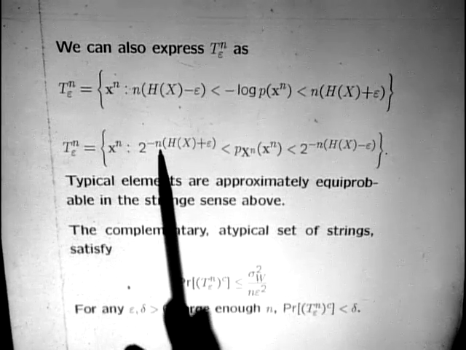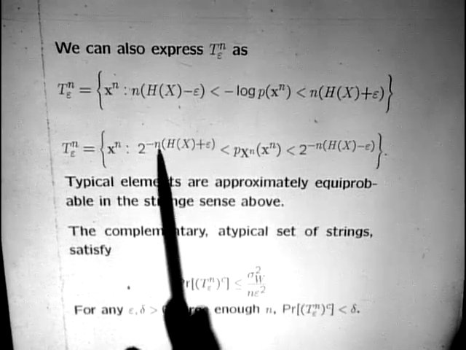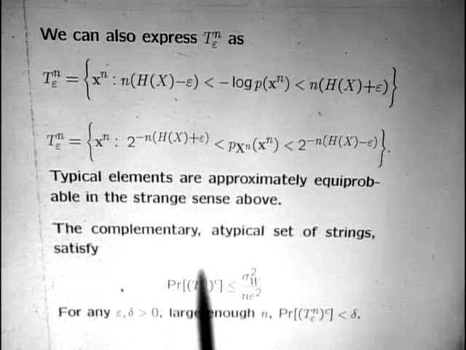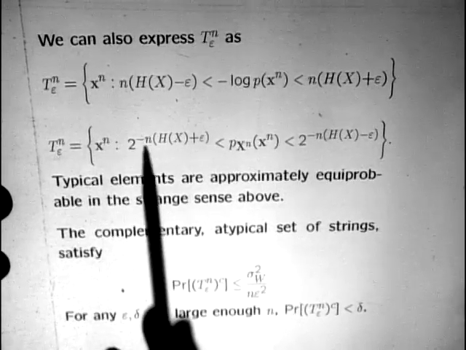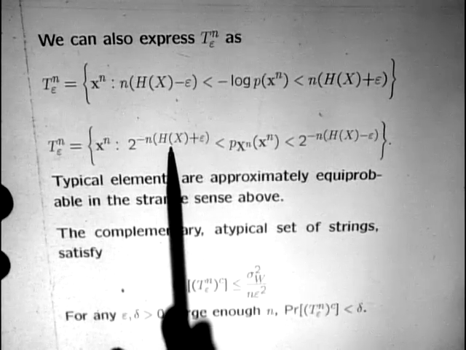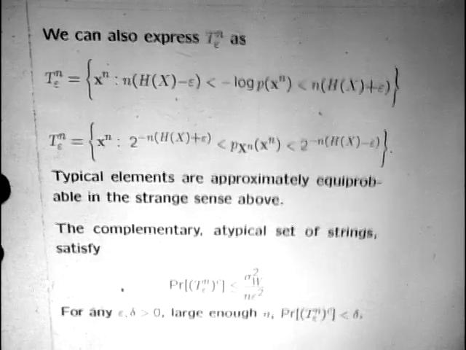And we're trying to say as n gets very, very big, we can make epsilon very, very small. But we really can't make n times epsilon very negligible. But the important thing here is 2 to the minus n times h of x. So in some sense, this is close to 2 to the minus n h of x.